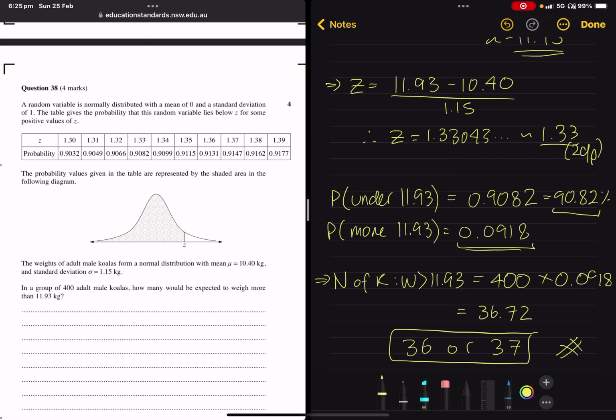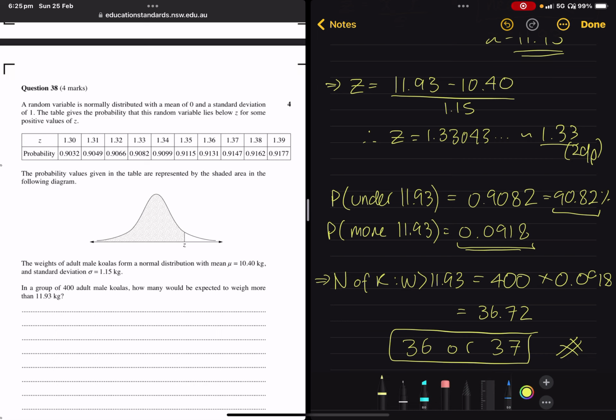If you are thinking about this in terms of probability, it could go either way. It depends how you think about the probability. It could round up to 37. If you were optimistic about the number of koalas being above 11.93, you would round it up. People doing analytics where they are hoping for particular outcomes will often round things in their favor. So you could round it to 37, and 37 is actually the closest number.